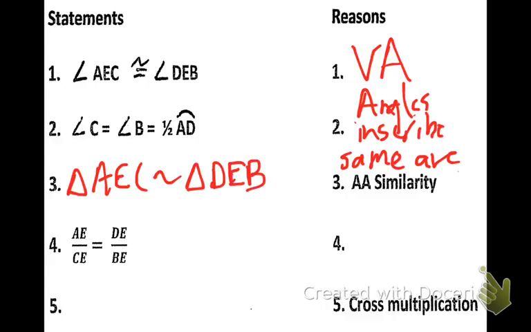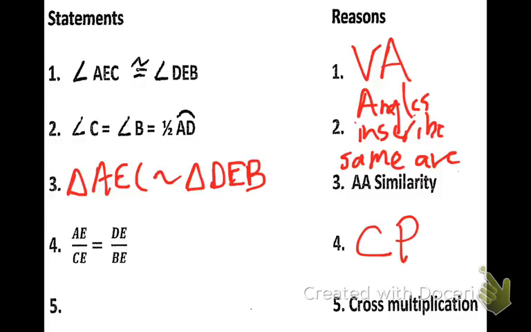That's true. Okay. So now, how do I know that the ratio of AE to CE is equal to the ratio of DE to EB? How would I know that? Shatiz. Corresponding parts. Right, that's CP. Corresponding parts.